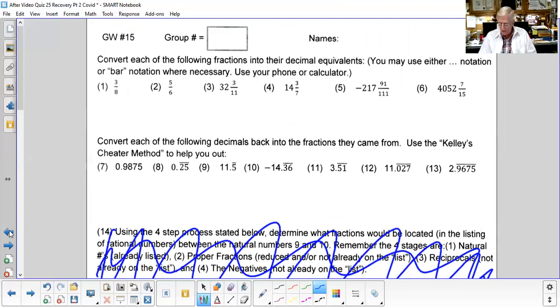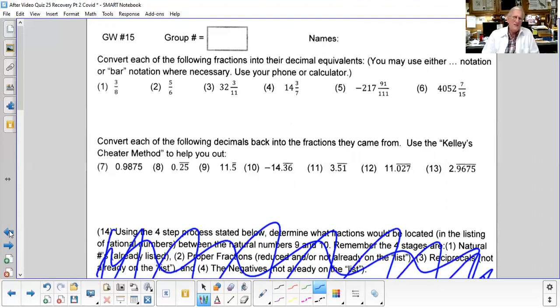But let's go through some of this. Now, the fractions up at the top, you know how to convert those into the decimals they came from. You divide the bottom into the top. I'm not even going to worry about doing those with you right now. What I am more worried about is the second group, starting with problem 7.